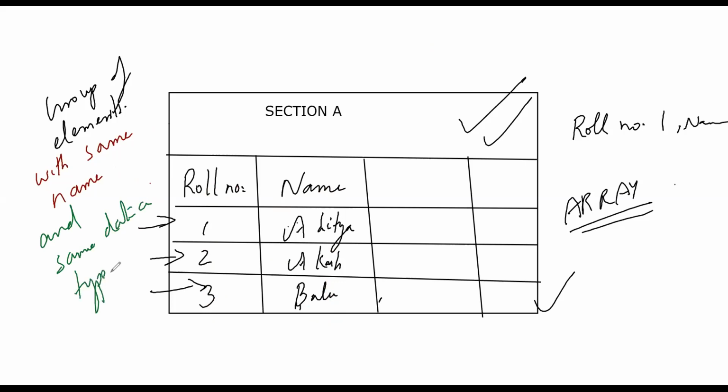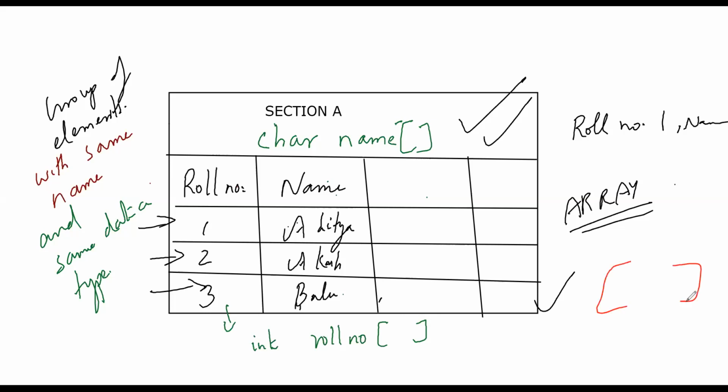So for name we will use something called character. Char name. Roll number 1, 2, 3 are integers. So we'll use int roll number. Find this bracket which I have put here.